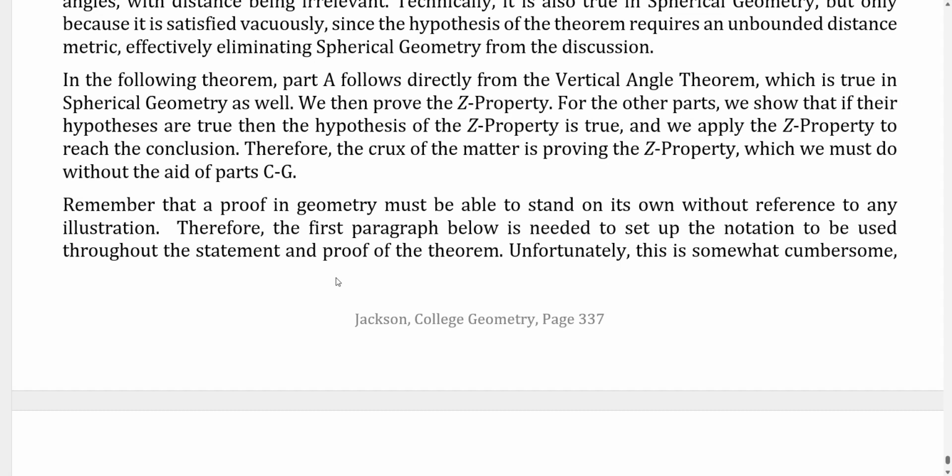The first part follows directly from the vertical angle theorem, which is true in spherical geometry as well. And then we prove the z property. For the other parts, we know that if their hypothesis is true, the hypothesis of the z property is true, and we apply the z property to reach the conclusion. So the crux of the matter is proving the z property, which works in one direction for hyperbolic geometry, and works in both directions for Euclidean geometry.